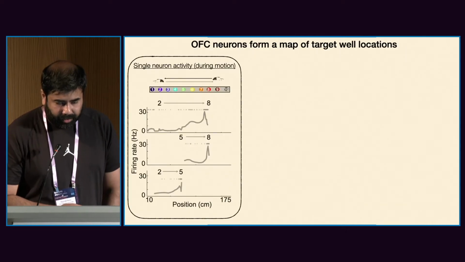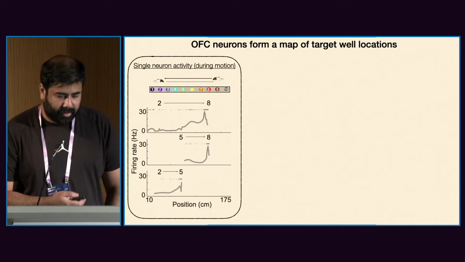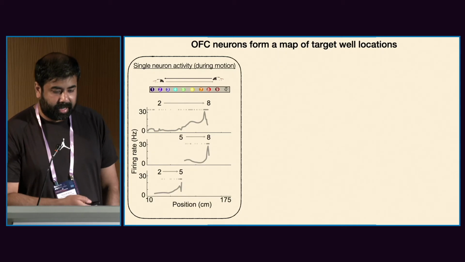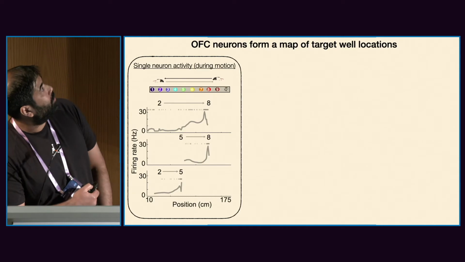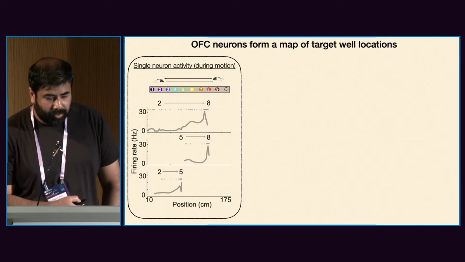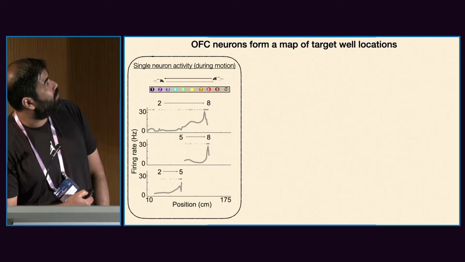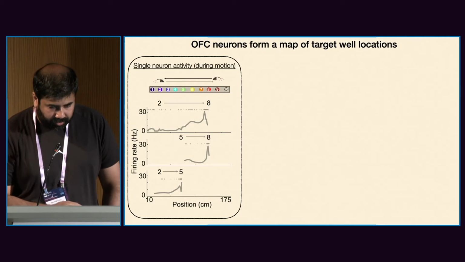And so here I'm showing you the activity of a representative OFC neuron in 3 example trials. In the first trial, the animal is going from well 8 to well 2. In the second one, he's going from well 5 to well 8, and the third one is going from well 2 to well 5.